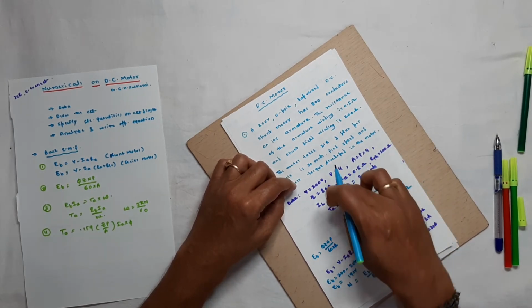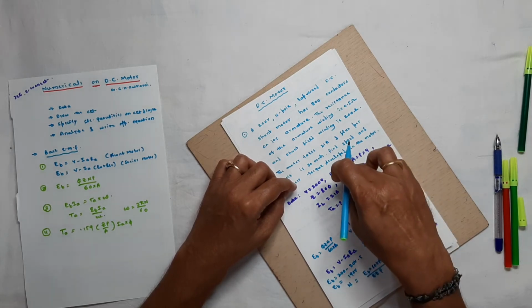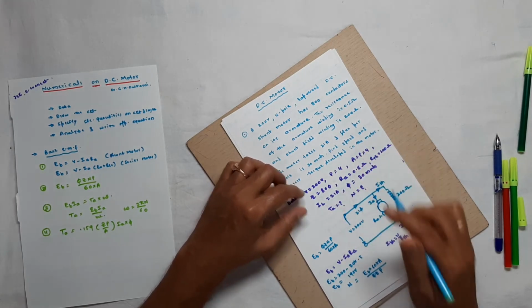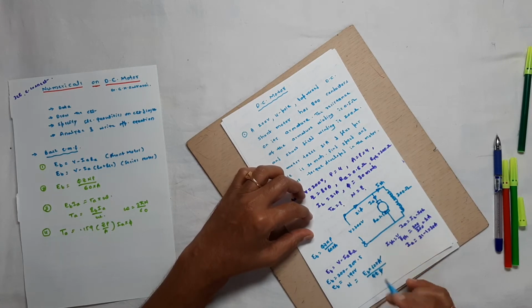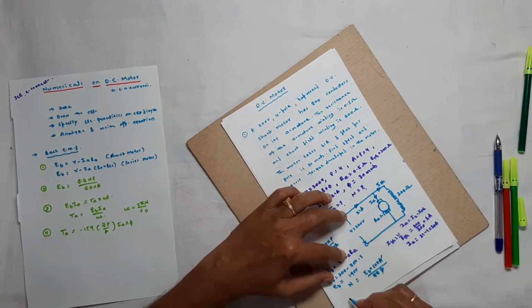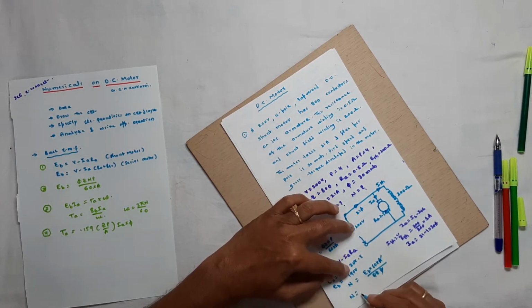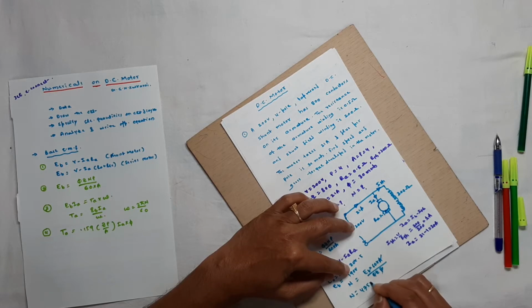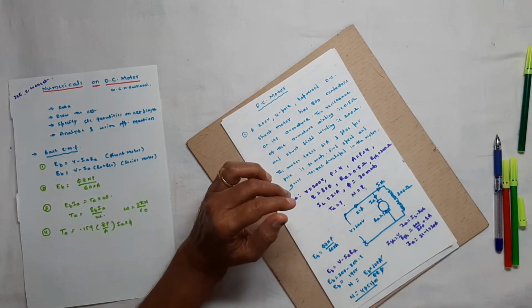Z is also there, 800. The number of poles is also 4. Or A is equal to P, therefore A and P get cancelled. Only you can substitute phi, Z, EB and 60. And after substituting, what we are getting, N is equal to 475 RPM. You are getting the speed as 475 RPM.